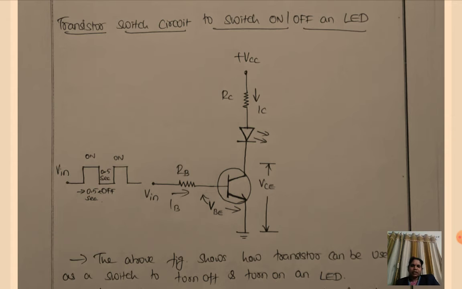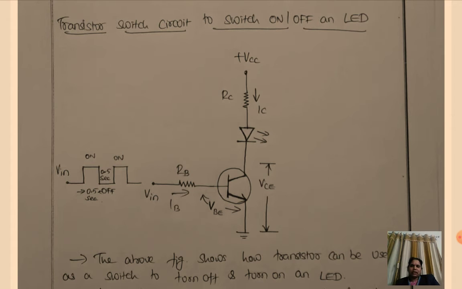Provided the base current is flowing, I can expect a majority flow of charge carriers across the collector terminal. So there will be a collector current, and this collector current will flow across the LED, make the LED glow, and it will act as a closed switch.